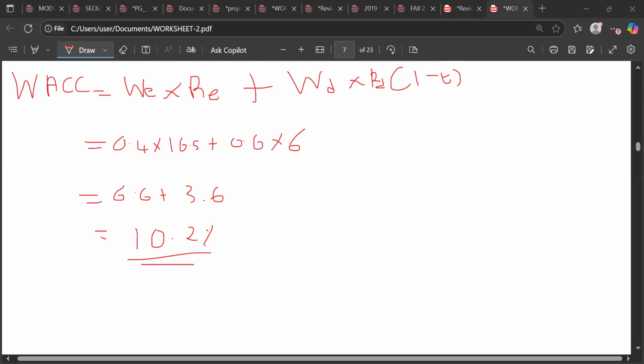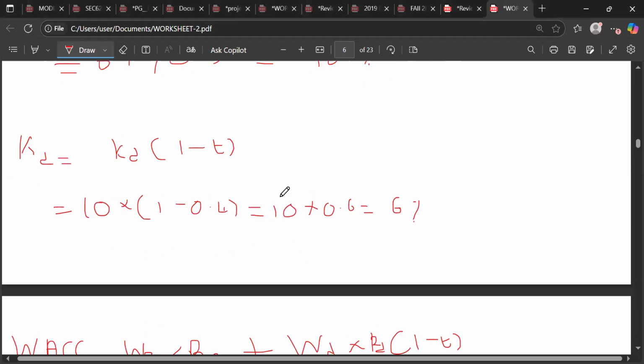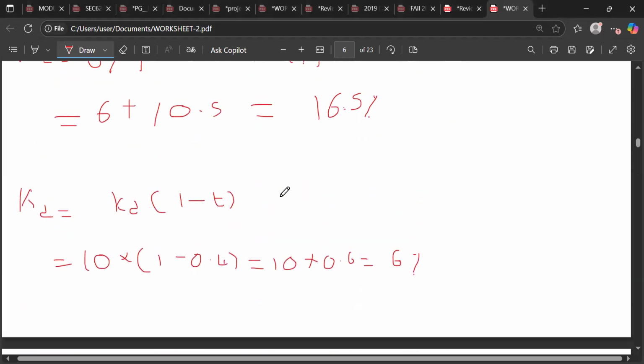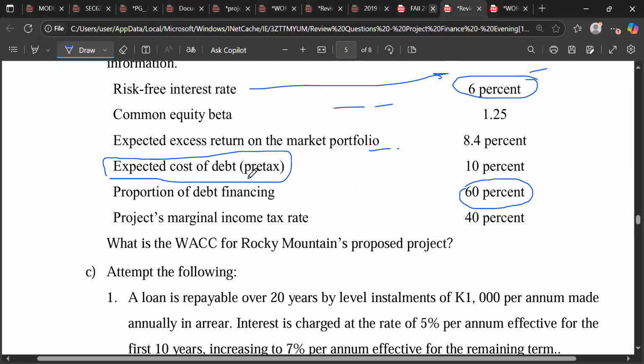The 6 at the end, how did it come about? Okay, remember I mentioned something here. When you take out a loan, the interest on that loan is subject to a tax shield. We're shielded by tax because it reduces the interest we're paying. Initially, our cost of debt is 10% before tax.